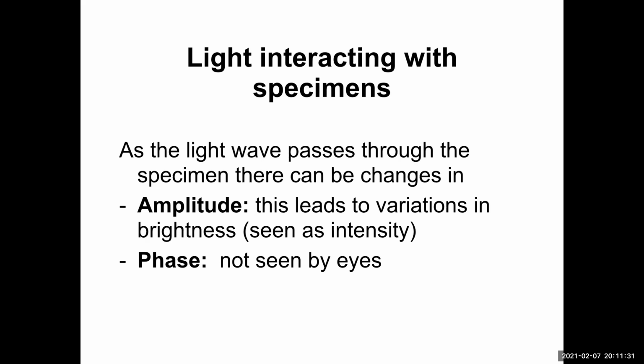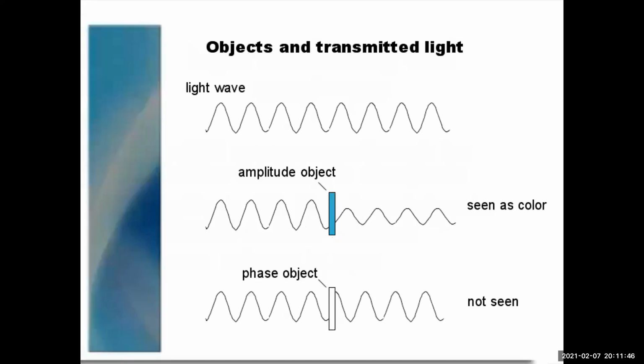It's kind of like when you're taking the buses and one gets delayed and then suddenly everything's off. It's a phase change. So our eyes don't see it, but scopes can actually report that out to you. And that's how phase microscopy works, and actually DIC also works.